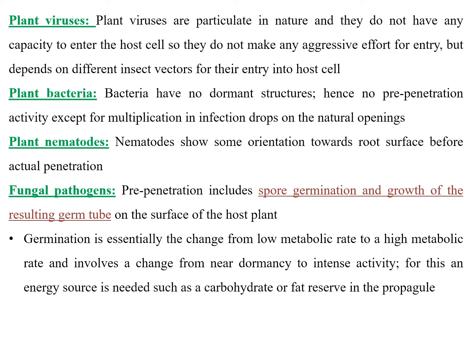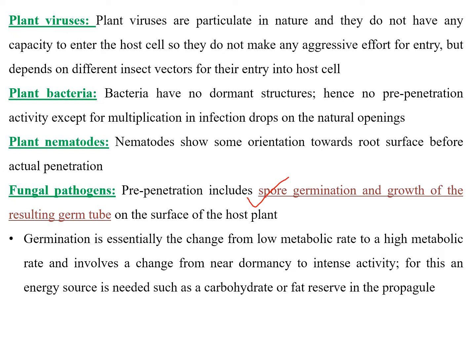In the case of fungal pathogens, pre-penetration includes spore germination and growth of the germ tube resulting from this germination, which is exhibited on the host plant. Germination means activating from low metabolic activity to high metabolic activity.